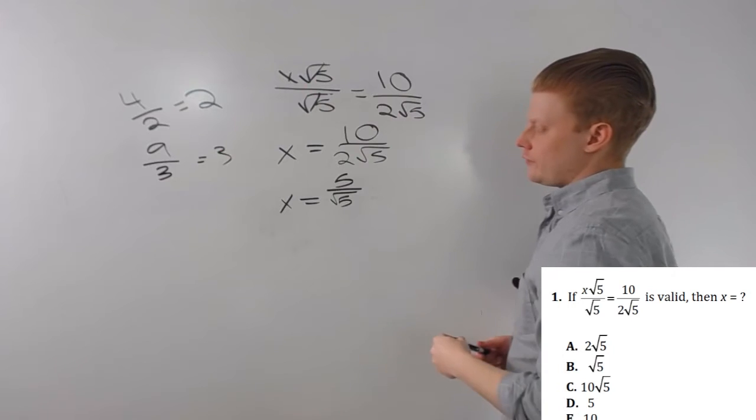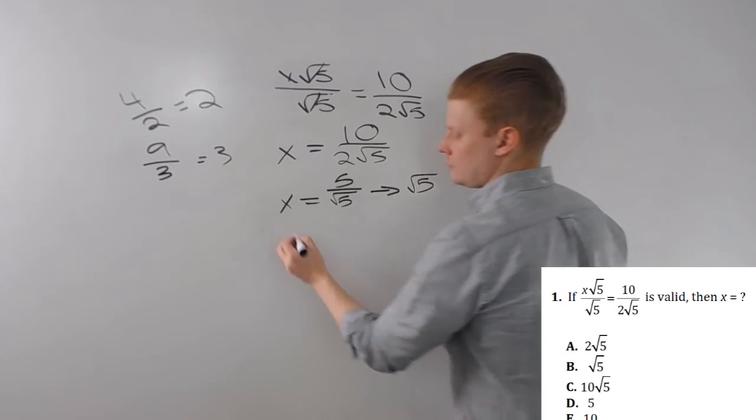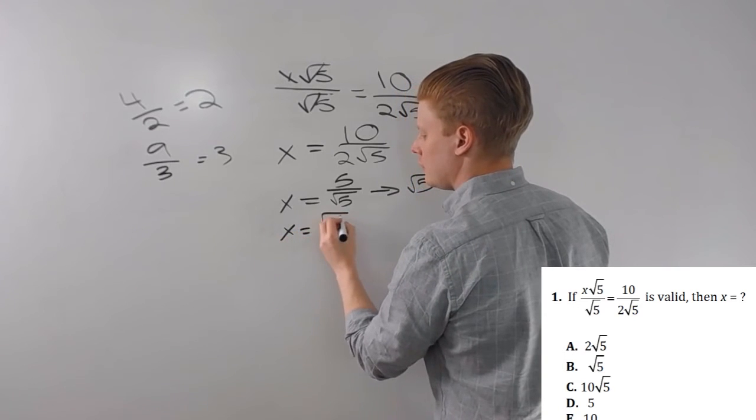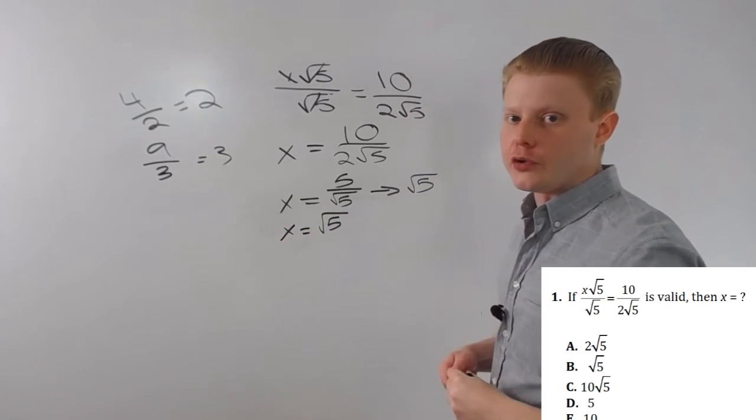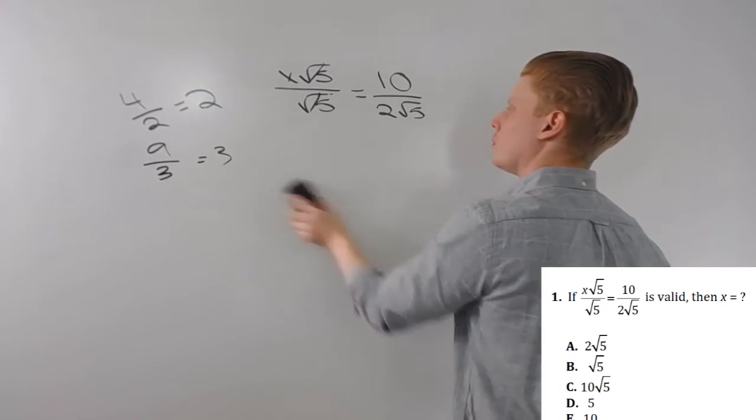So 5 divided by square root of 5 will be the square root of 5. So that's the second way we got there, just as fast if you're really comfortable with it. Not a ton of steps, fairly straightforward.